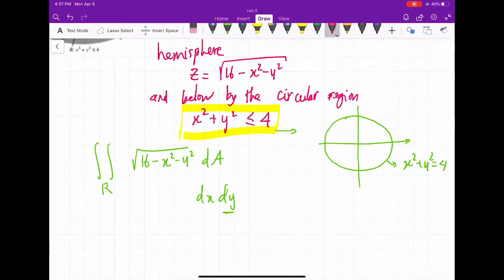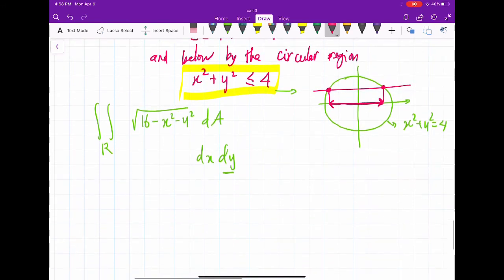In order to fix y, you make a horizontal line, and you need to find 2 points in here, and then you can find the interval where x changes. And if you want to write in the form dy dx, you need to fix x, and then you find 2 intersections between this vertical line and the circle x squared plus y squared equal to 4. And then you can find the interval where y changes.